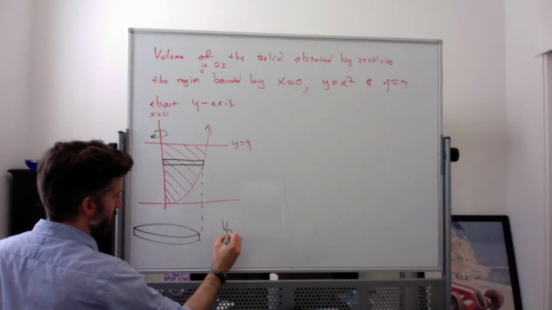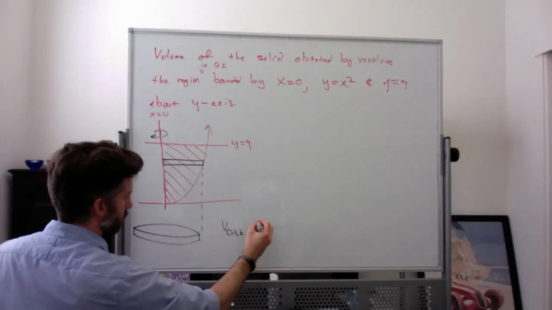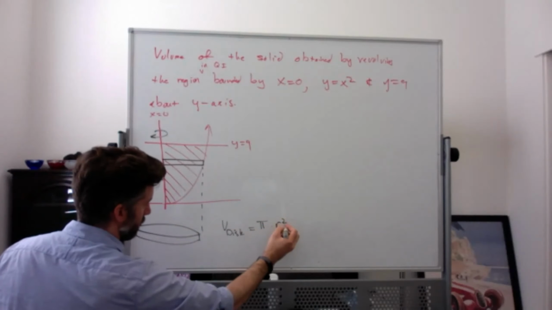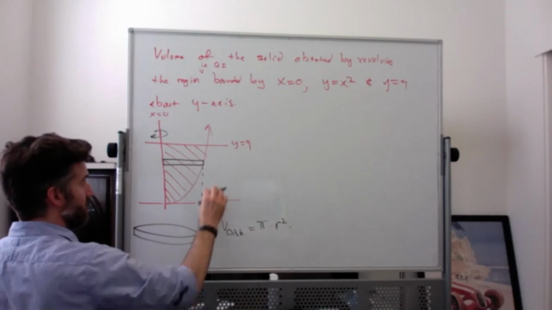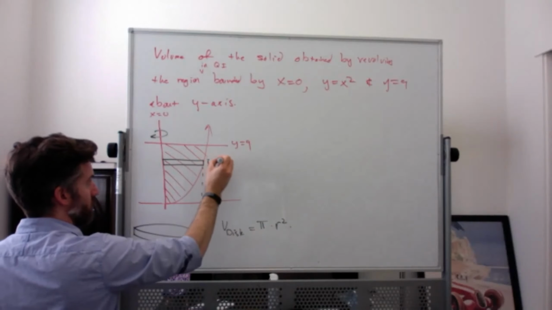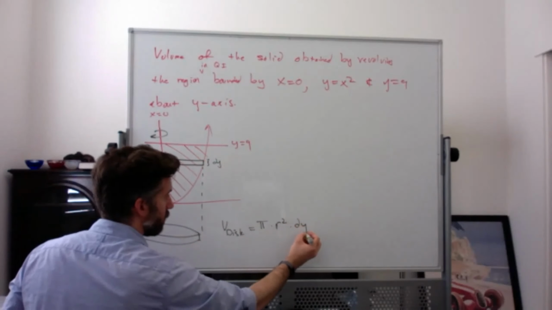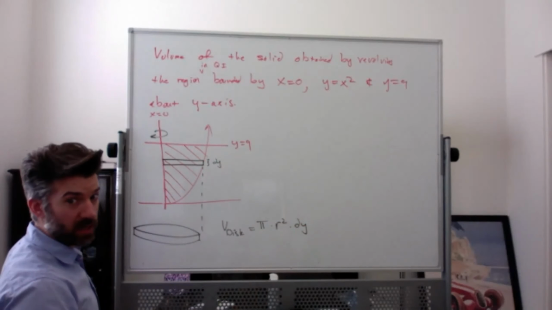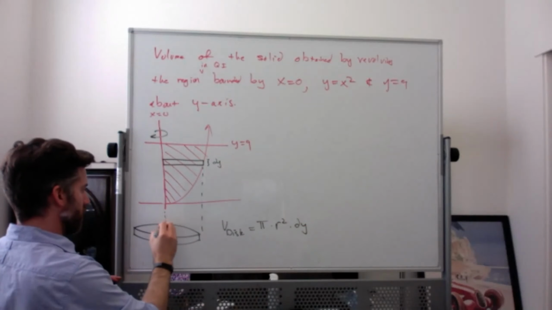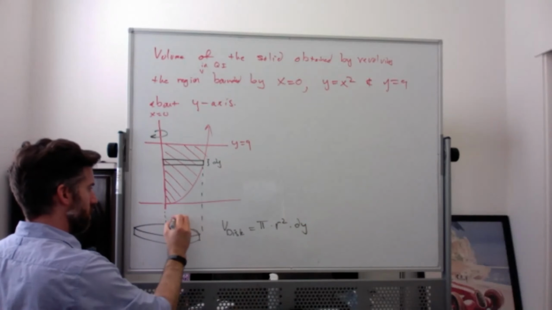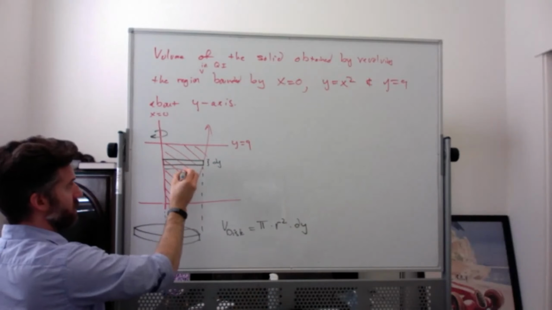And the volume of that disk is exactly pi times the radius squared times the thickness, which is a small change in y. So a dy instead of a dx. And the radius here is just whatever this width is.